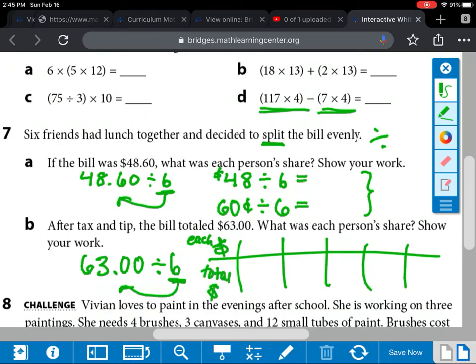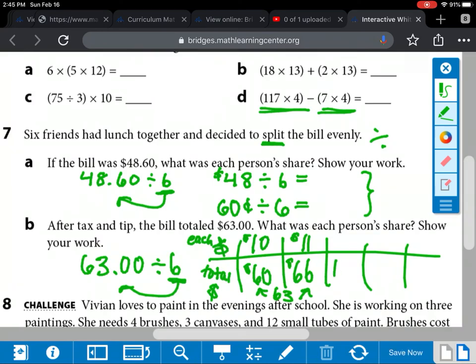So if each friend were to pay, let's say $10, that would mean that the total would be $60. Well, that's not enough. But if each friend pays $11, then that's going to be $66, which is too much. So I know that 63 is halfway in between 60 and 66.